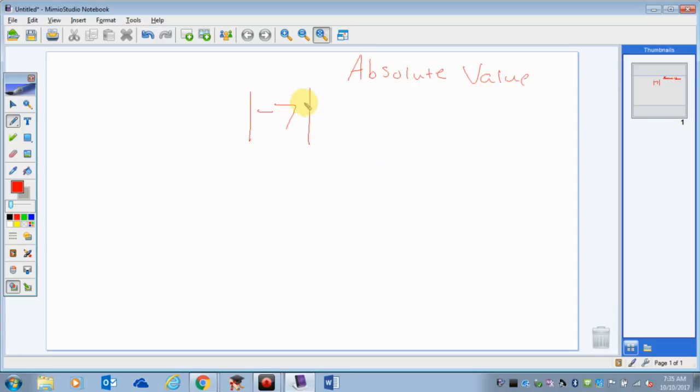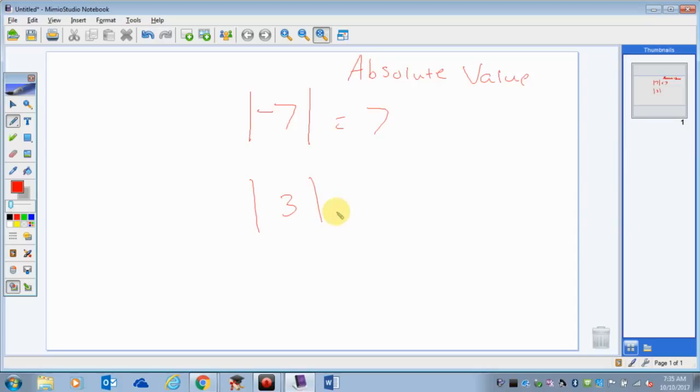If I see this, it's wanting me to tell it how many units away from 0 on a number line this is. So -7 is 7 steps away from 0 on the number line in the direction of the left. But that doesn't matter. It just wants to know how many steps it is, whether it's left or right, positive or negative. So the answer to the absolute value of -7 is going to be 7.